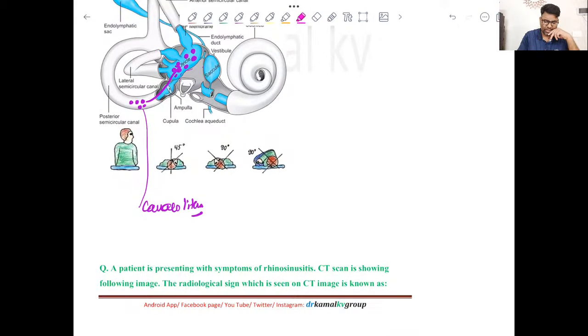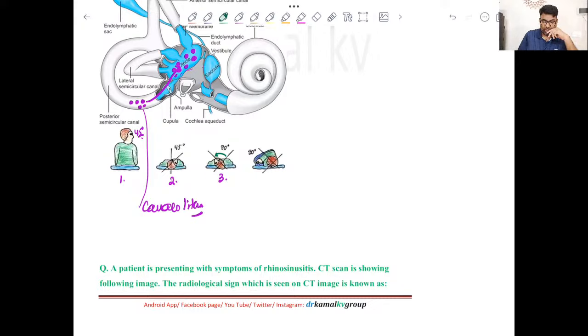Again, you can see in this image, the patient is sitting in step 1. He will turn the head 45 degrees towards the affected side. Then in the second step, keeping the head turned 45 degrees, he will lie down. In step 3, he is still lying, but he will turn the head towards the opposite side 45 degrees, so the total movement is 90 degrees.